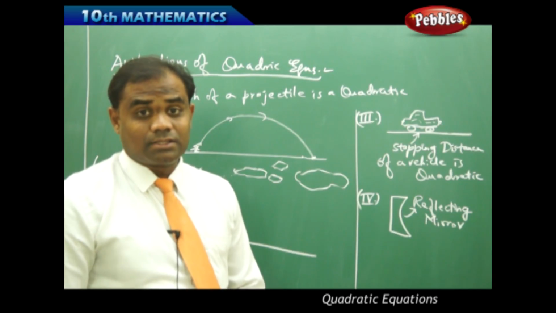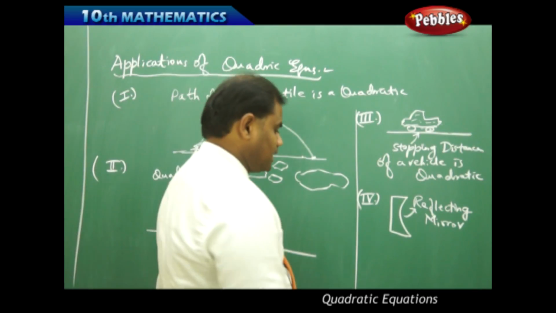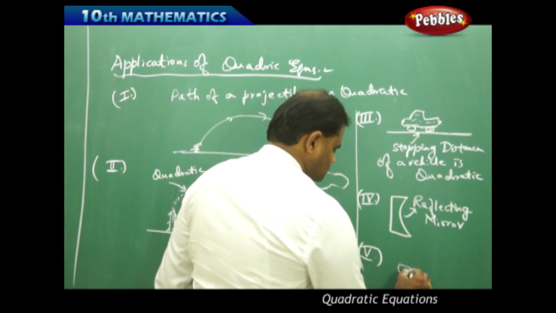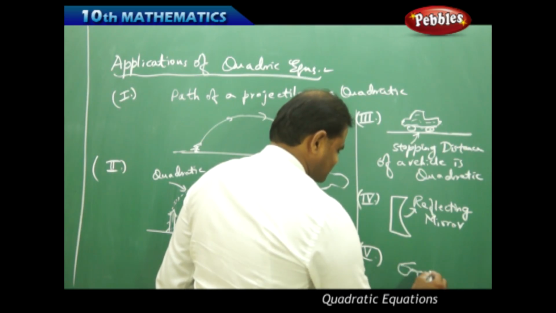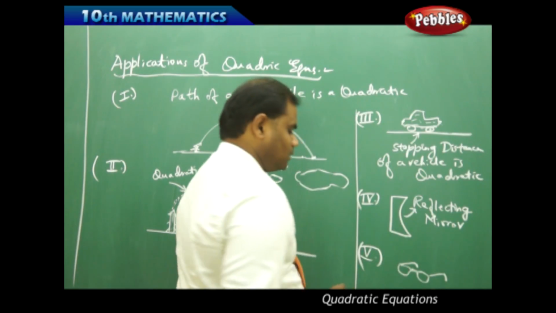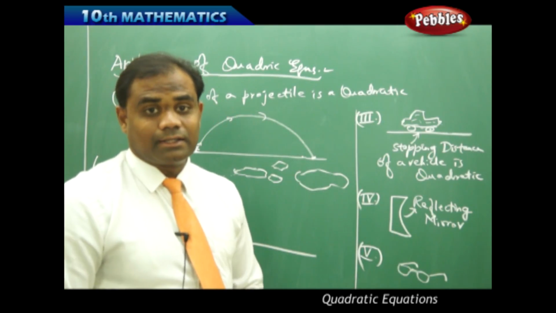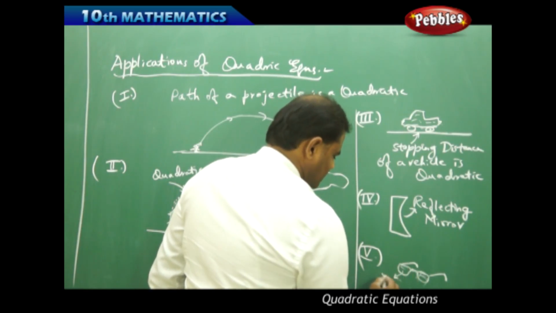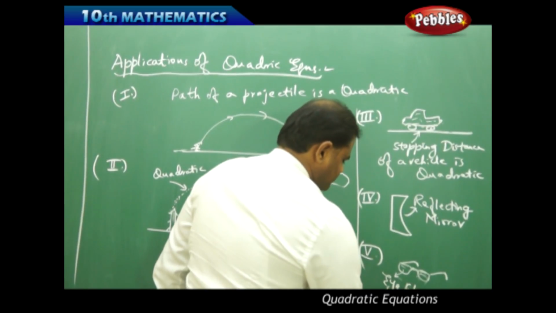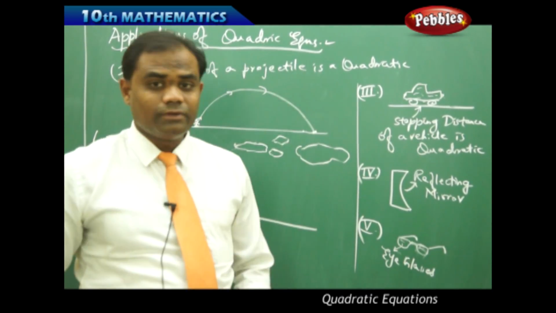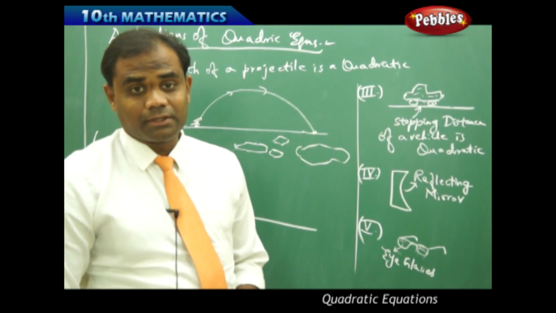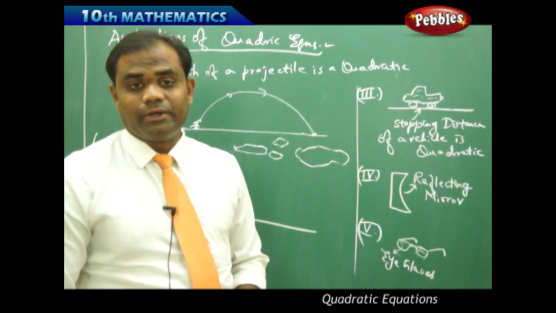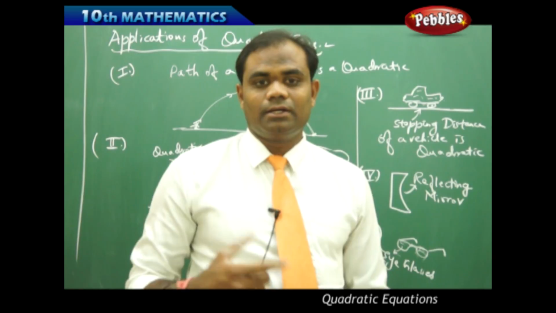Similarly, eyeglasses, and sometimes contact lenses, also form a quadratic equation. When I take the glasses out here, these eyeglasses form a quadratic equation. This is how we see so many applications in branches of science and in general daily life connected to quadratic equations, which we are going to see in detail in the coming sessions.